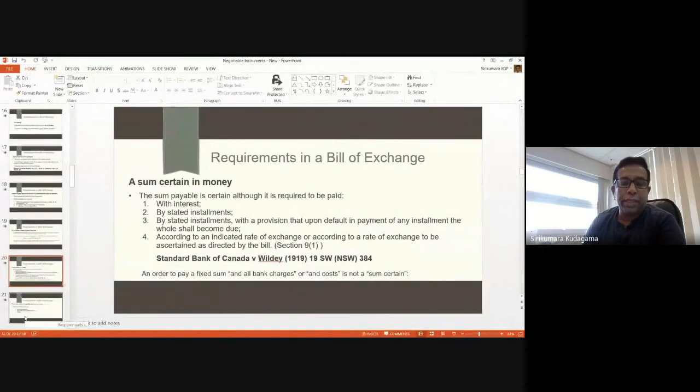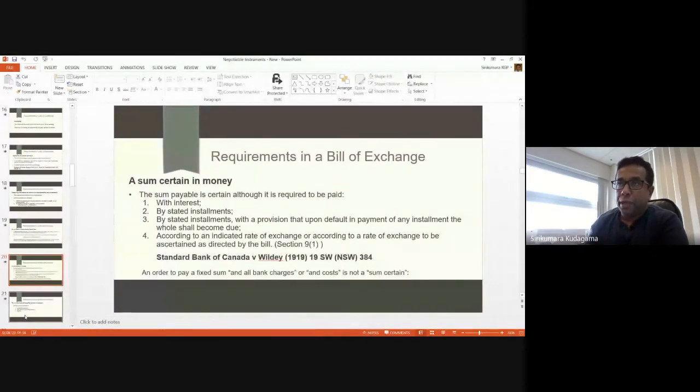Then we go on to the next level. The bill of exchange is supposed to be an unconditional order in writing, addressed by one person to another, signed by the person giving it, requiring the person to whom it is addressed to pay on demand or at a fixed or determinable future time, a sum certain in money.